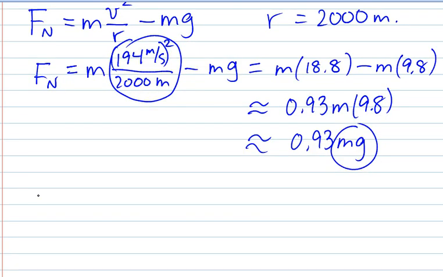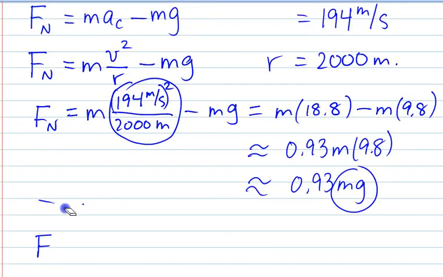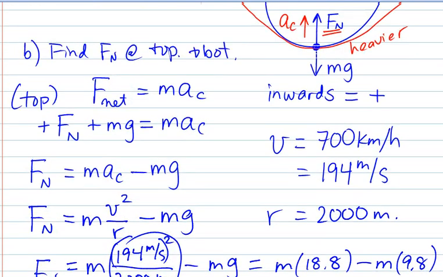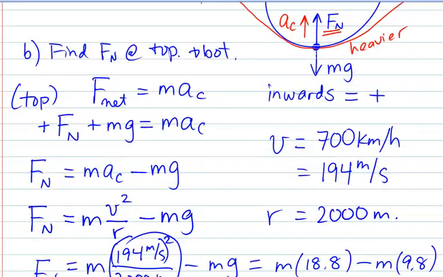Now let's look at the bottom. The difference at the bottom of the loop is that now gravity is hurting us. Gravity is pointing in the outwards direction.